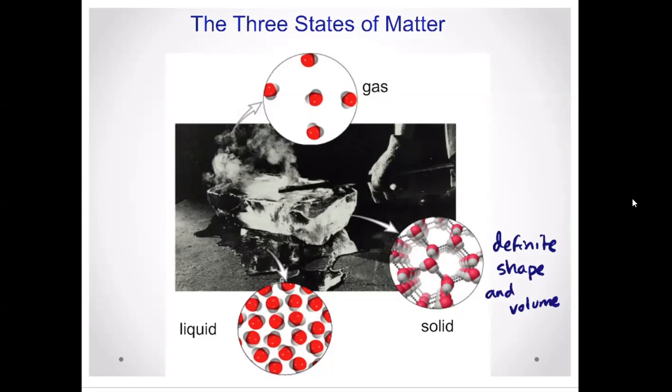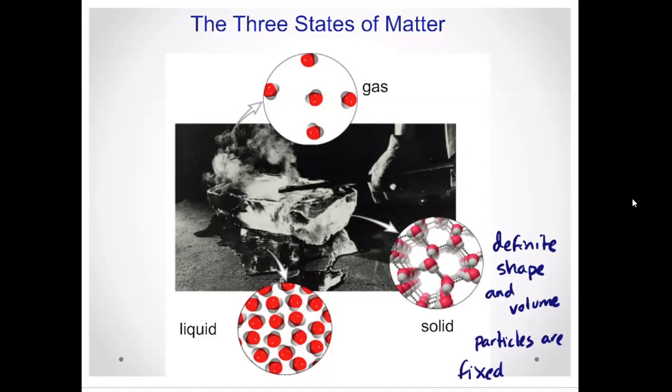If you think of solid ice, it could have a very specific shape like an ice cube, and the 3-dimensional space it occupies is a definite volume. The particles are fixed in place. They're not free to move around; they're kind of stuck in a solid.